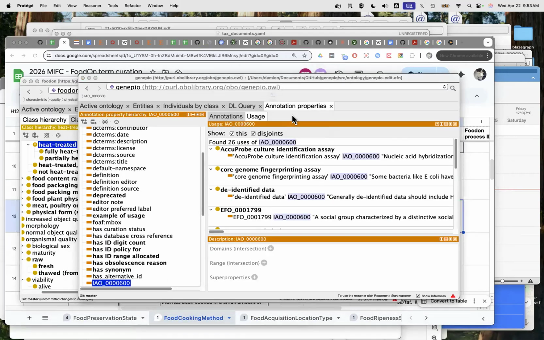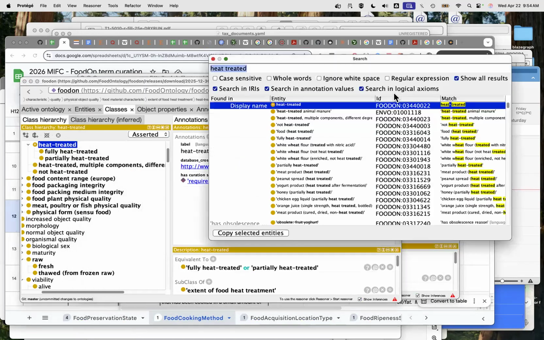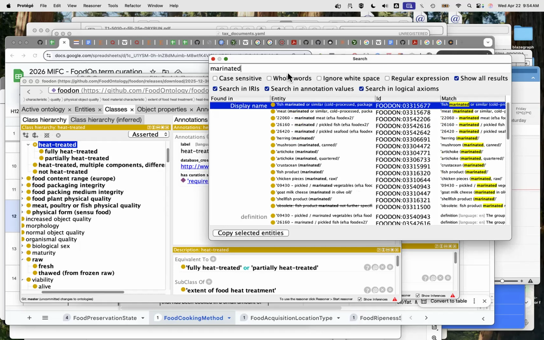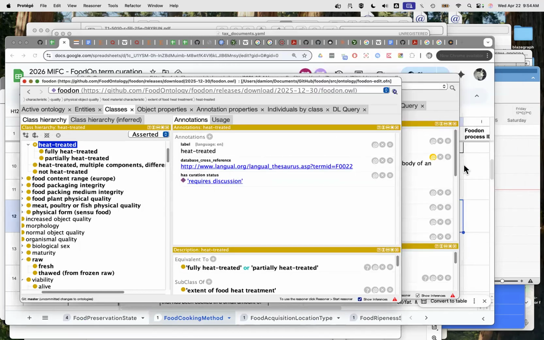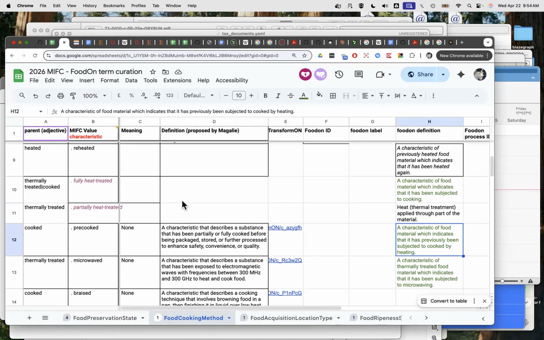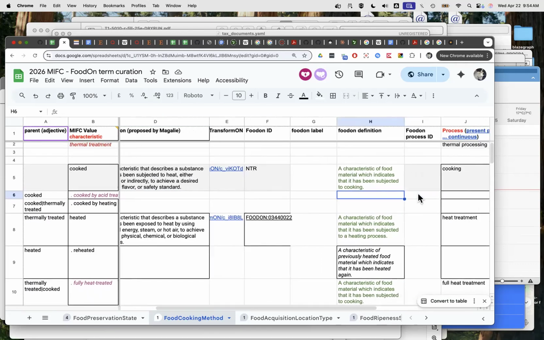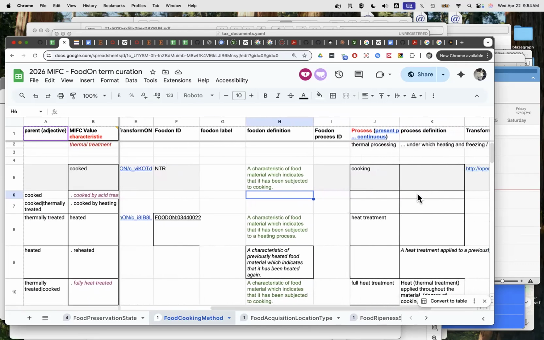I'll just check if FoodOn has such a thing. But what is the definition of cooked? Back to cooked, because I mentioned it and it is not defined right now. What is the process definition for cooked?